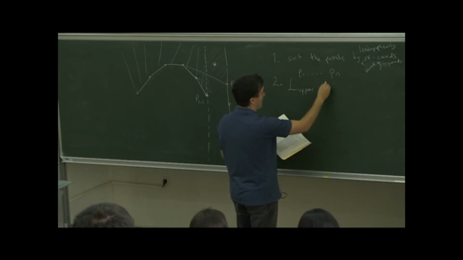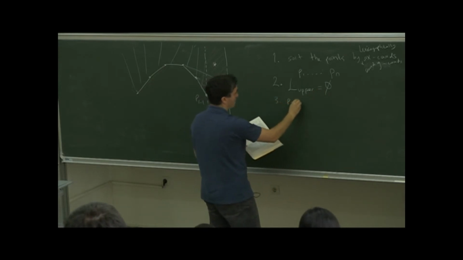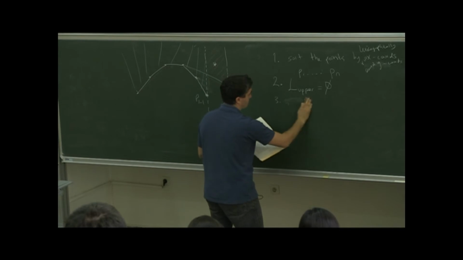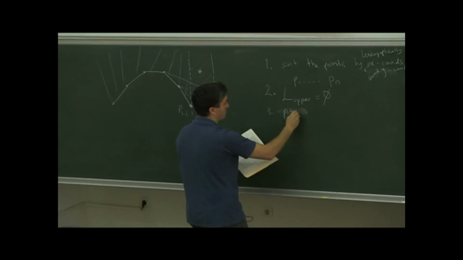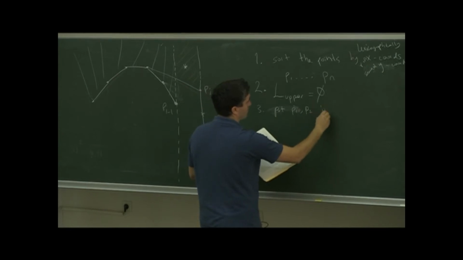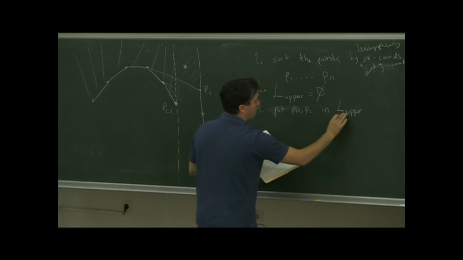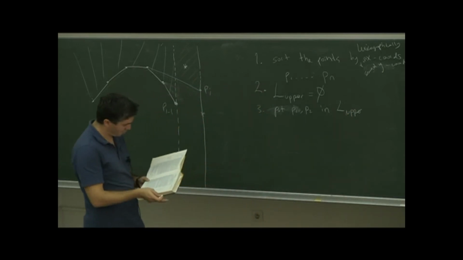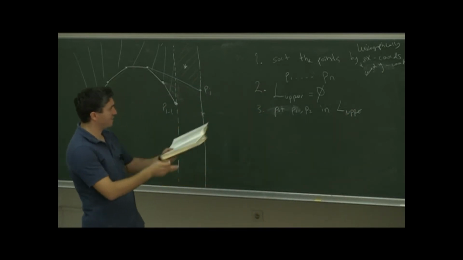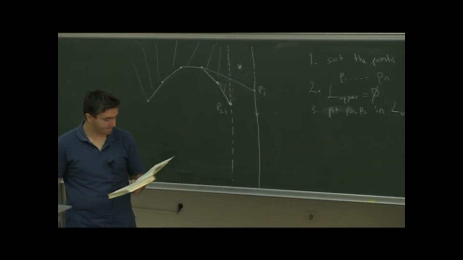Initially it is empty, and the first 2 points are put directly into the upper hull: P1 as the first point and P2 as the second.